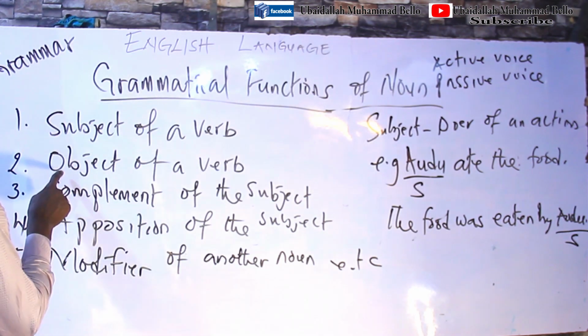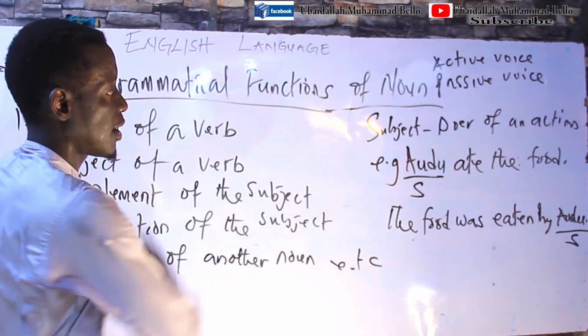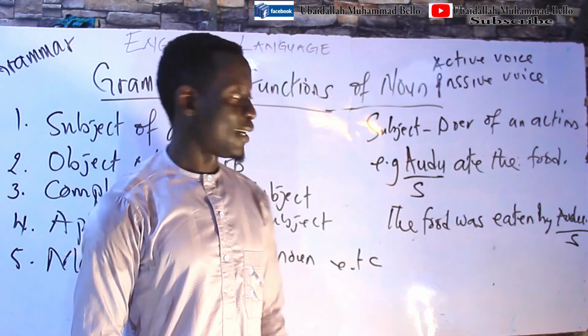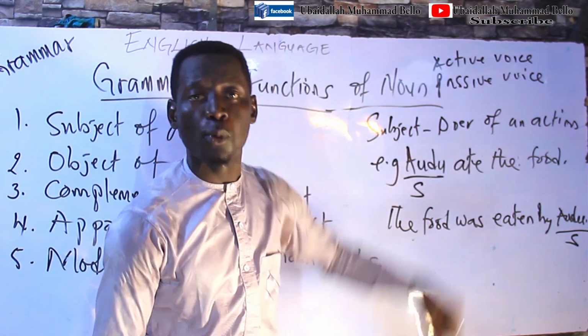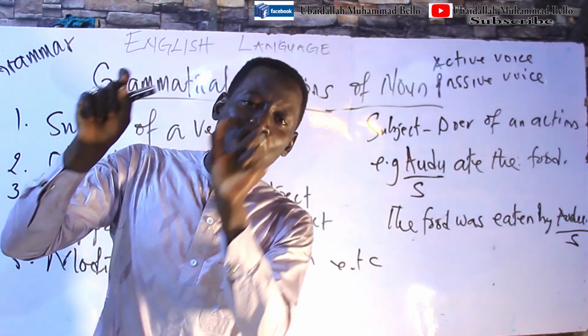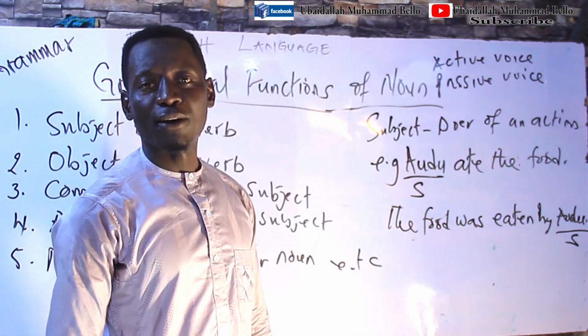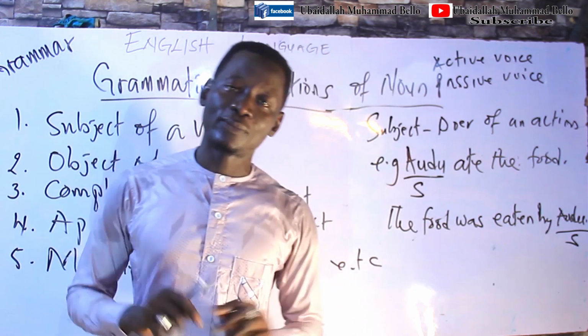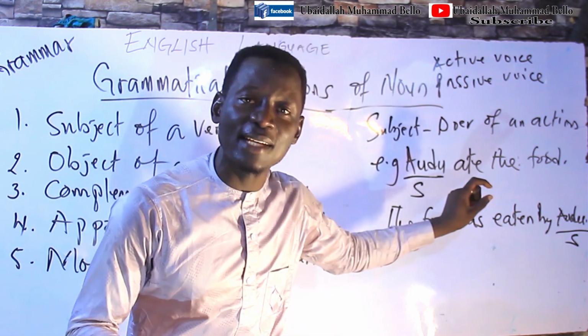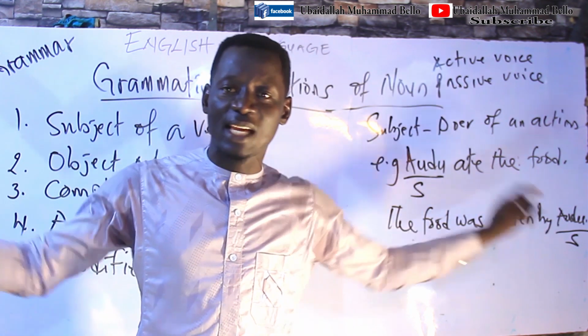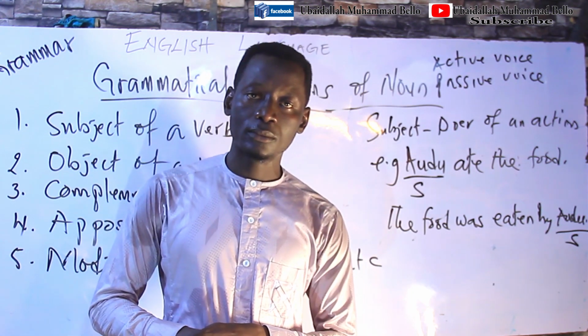Function: object of the verb. Still, we can use these two examples for object of the verb. What is object of the verb now? It is very simple. The opposite of subject of the verb is object of the verb.